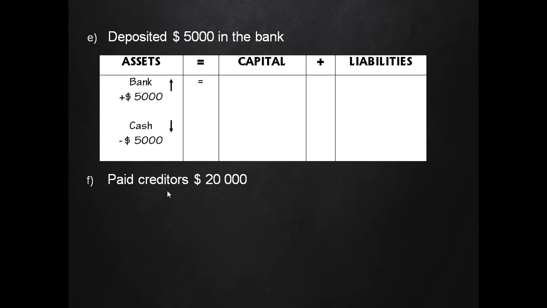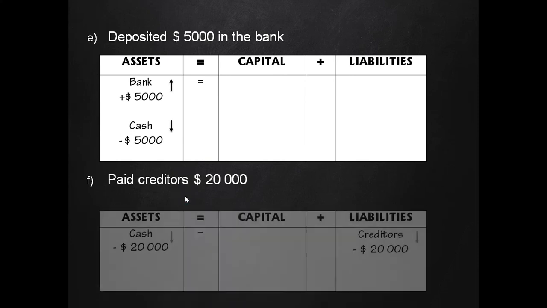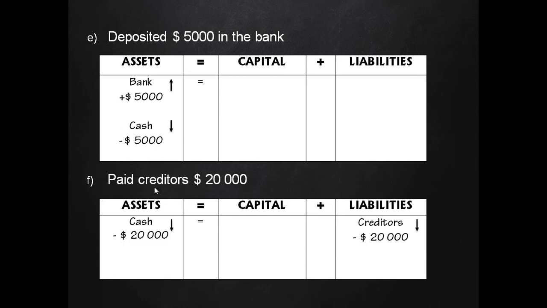Paying creditors will reduce their figure by $20,000 under liabilities. Creditors go under liabilities. Since they were paid by cash, the asset called cash will reduce by $20,000. So creditors decrease by $20,000 and cash also decreases by $20,000.